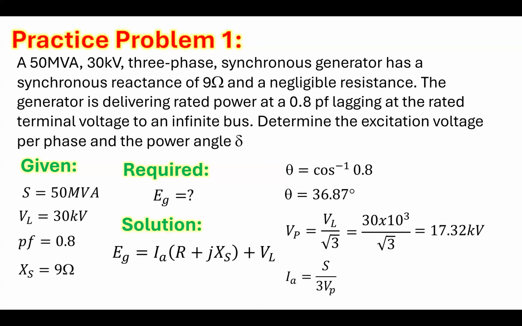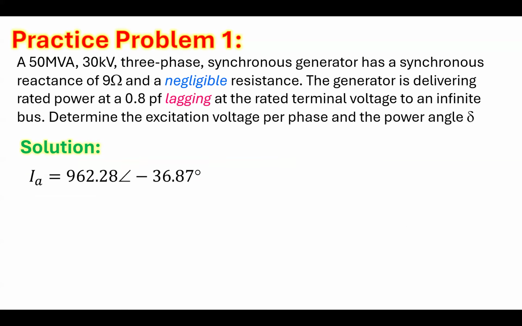Another equation to solve for the armature current is the apparent power all over 3 multiplied by the phase voltage. So that is 50 times 10 to the 6 all over 3 multiplied by 17.32 times 10 raised to 3, and that will give us 962.28 amperes.